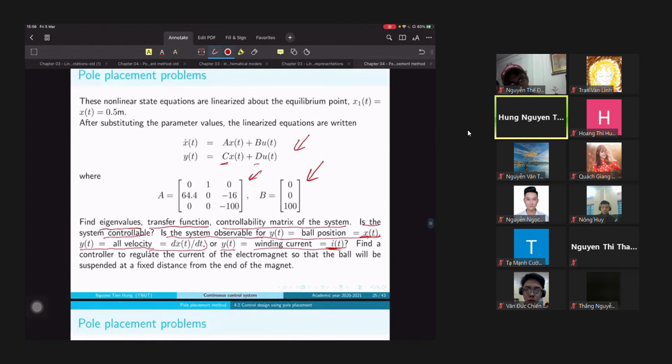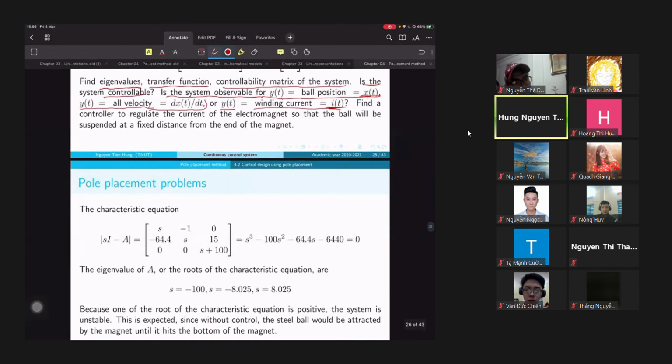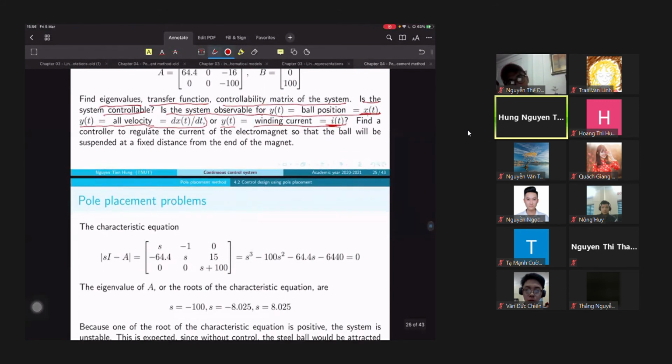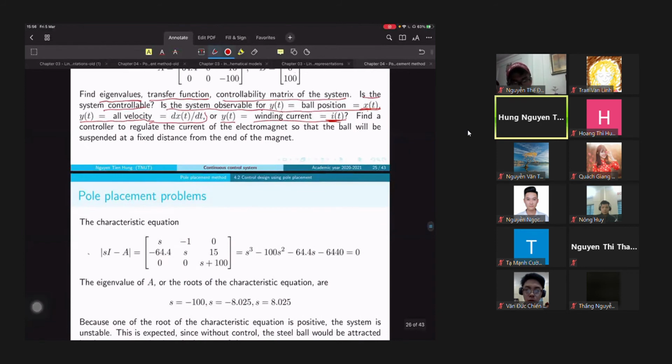You have the eigenvalues, and you know how to find eigenvalues. So this is the way we do that, and this is what we got. Also you have to remember that eigenvalues are the poles.